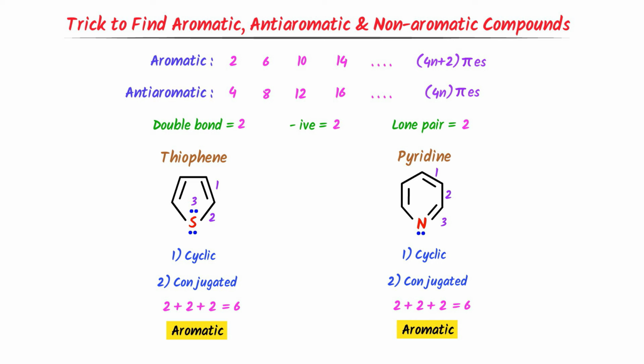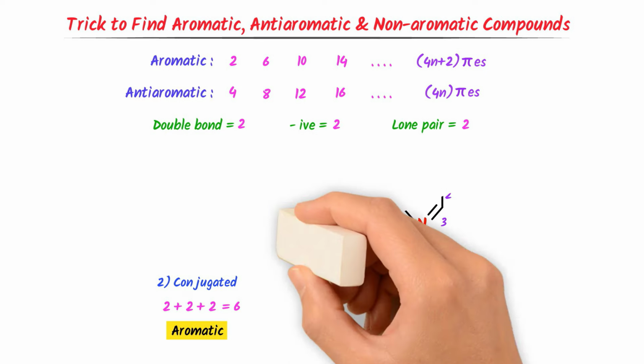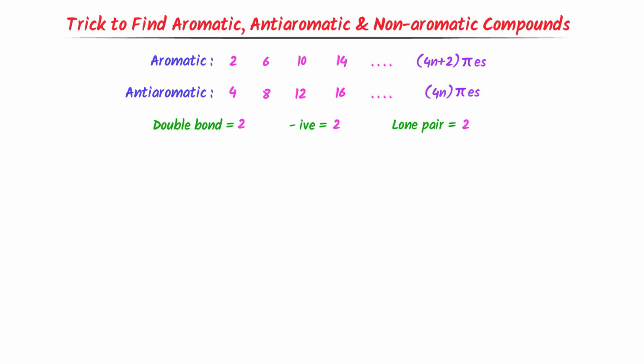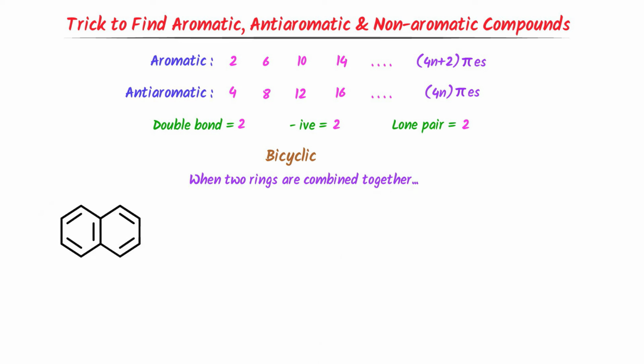Thus, note down all these important examples of aromatic compounds and anti-aromatic compounds. Now let me teach you aromatic and anti-aromatic compounds in bicyclic organic compounds. Bicyclic organic compounds are those compounds in which two rings are combined together. For example, consider naphthalene. It is a bicyclic organic compound because two rings are combined together. We can see that it is a cyclic organic compound.